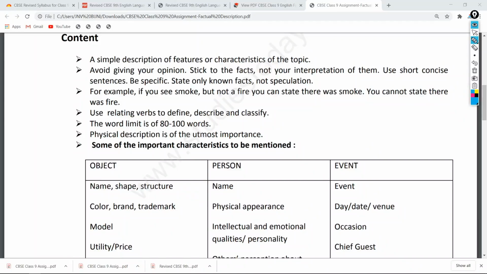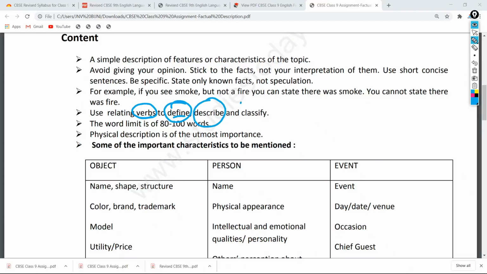Use the relating verbs to define, describe and classify. So now is the time for you to describe. How to describe?